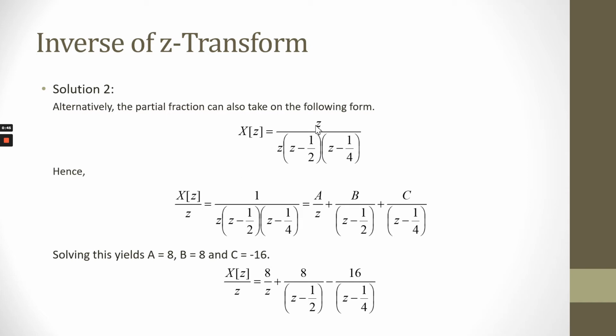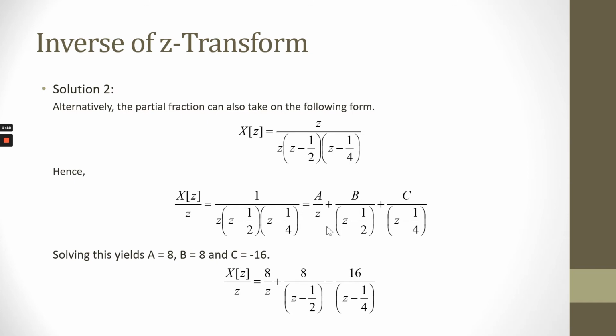Okay, for this one, again, we need to take the Z at the numerator to the left side, so we have X(z) divided by z. In this case, it looks like we have 3 poles at the denominator, meaning that we have 3 parts of partial fraction expansion based on 3 constants that we need to determine.